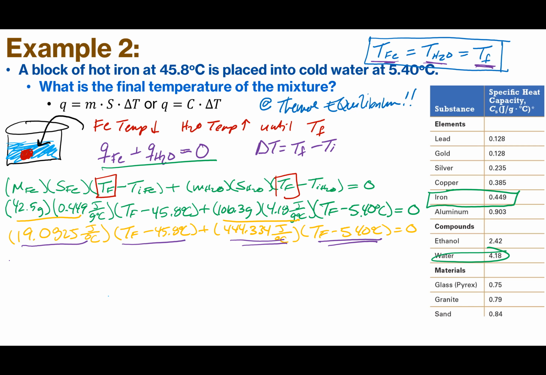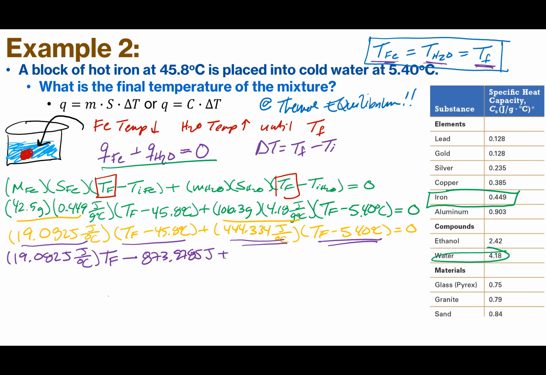So we end up with 19.0825 joules over Celsius times our T final minus 45.8 Celsius times our 19 point whatever. And this is 873.9785 joules. The Celsius on that part cancels out.